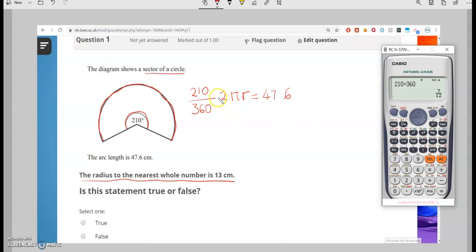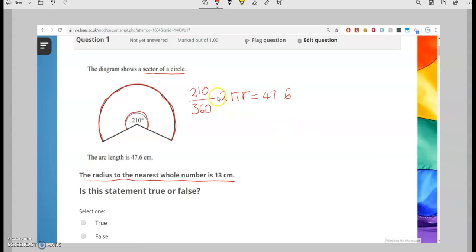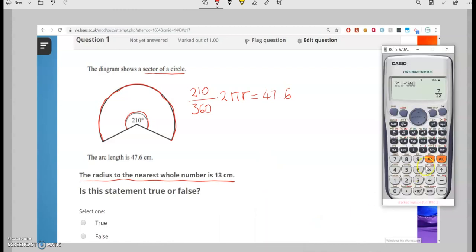Now, as you can see, we can multiply in here, so we're going to multiply it by 2, so times 2, and then pi, which is 3.142 approximately.